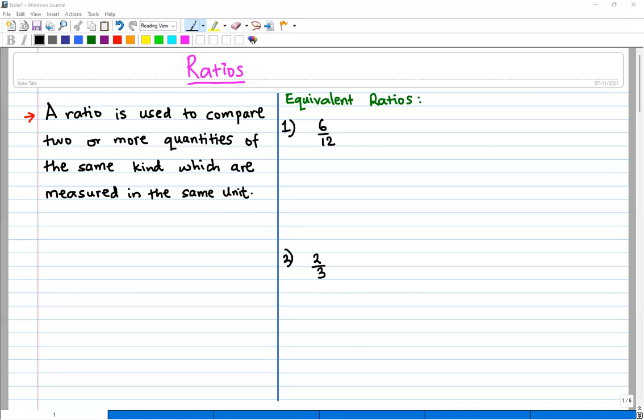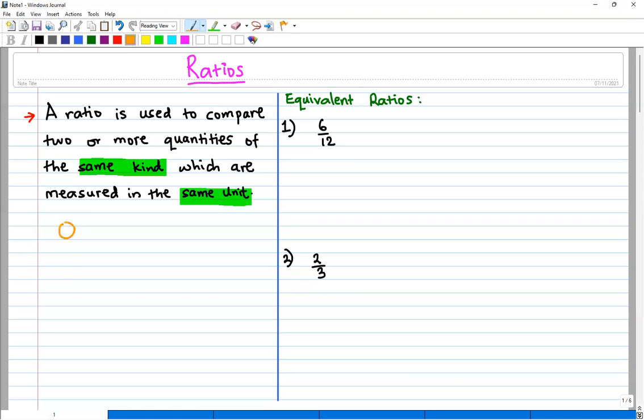But these things must be having the same unit, and they must be of the same kind, okay? For instance, if we are comparing height, okay, let's say we have like two children.